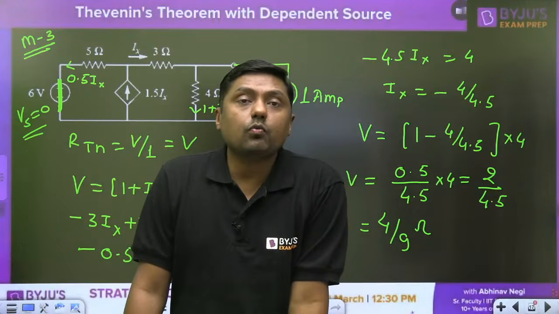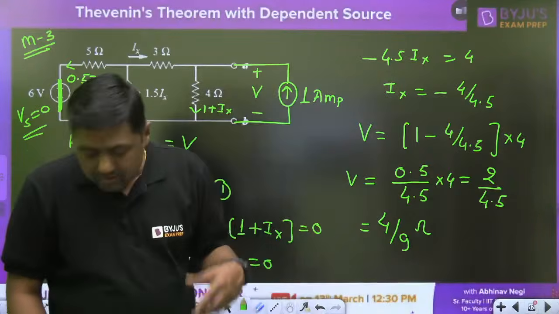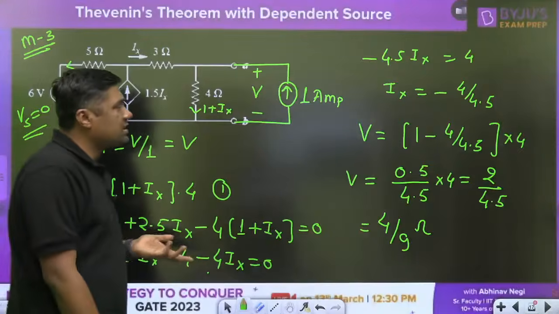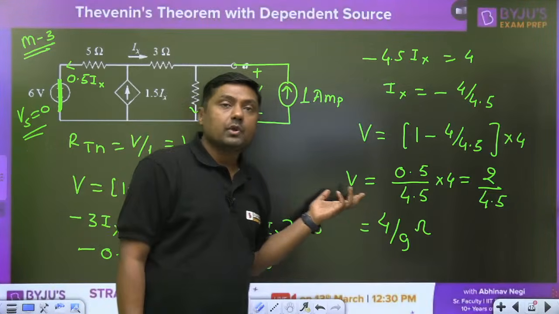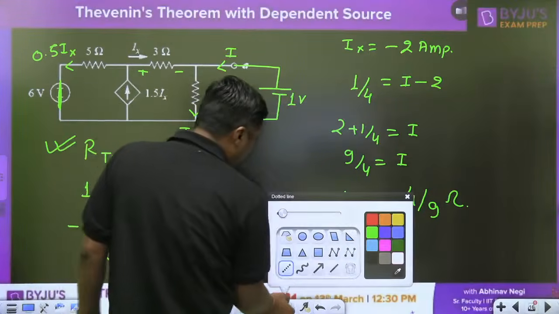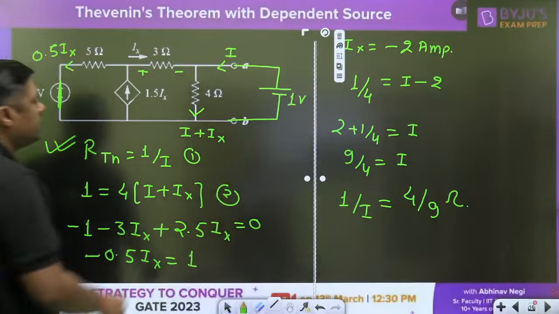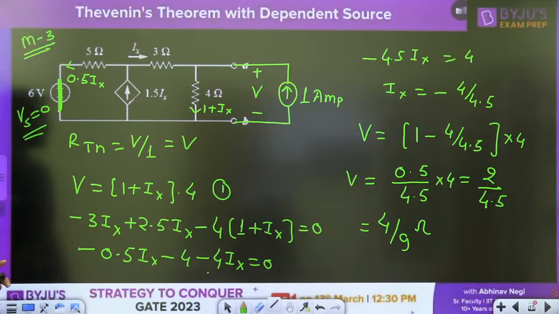Acha, 1 ampere or 1 volt, how to know which is easy? In some questions, for example in this type of questions, both methods will take the same number of steps. With the 1 volt battery, same number of steps. If we are taking the 1 ampere current source, same number of steps.